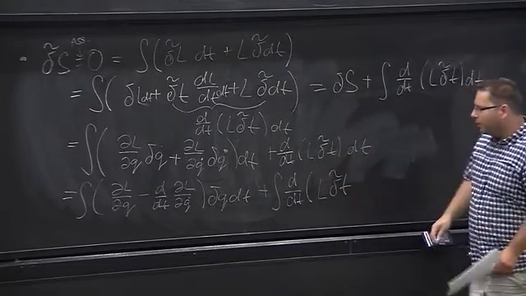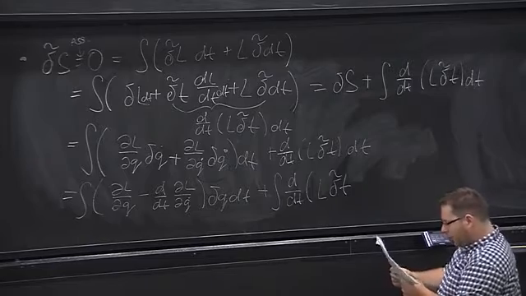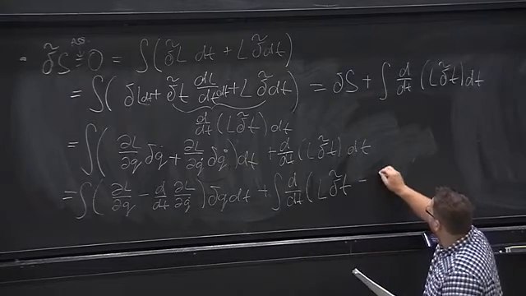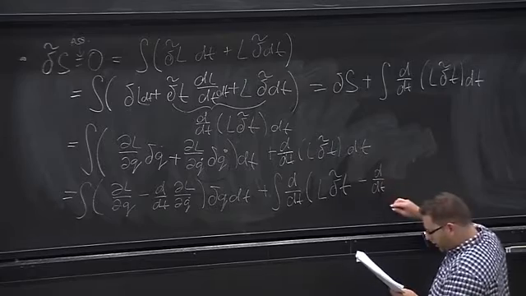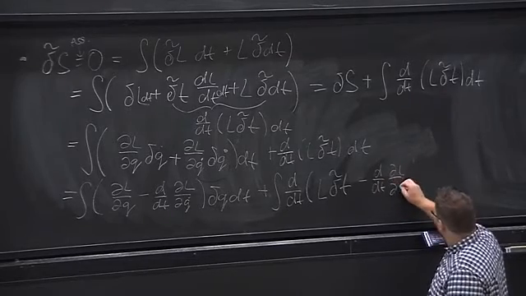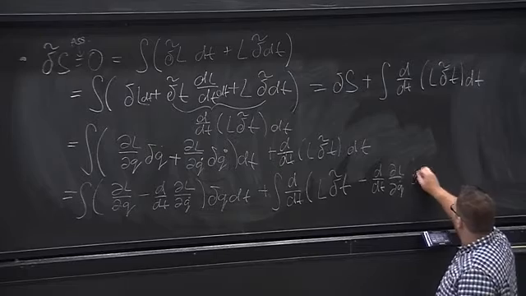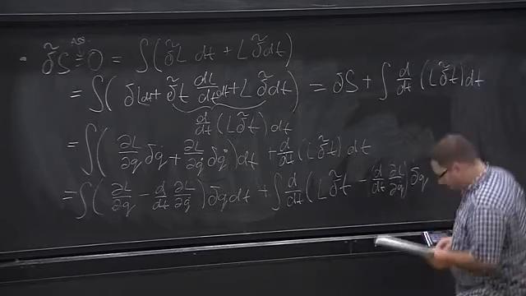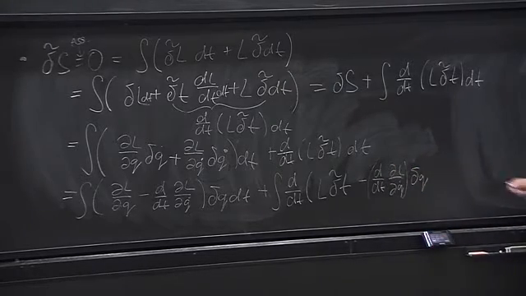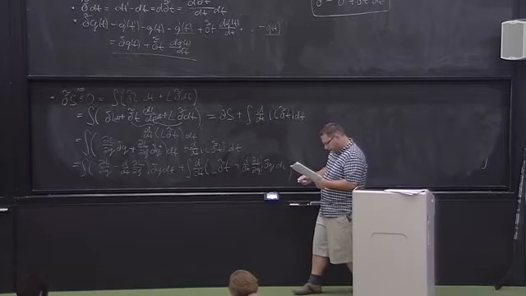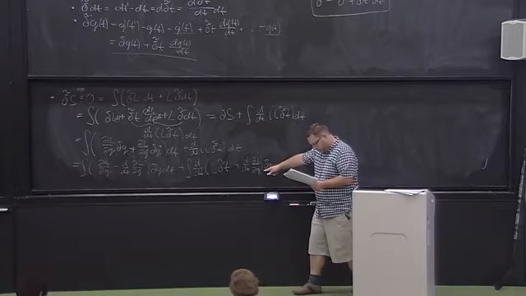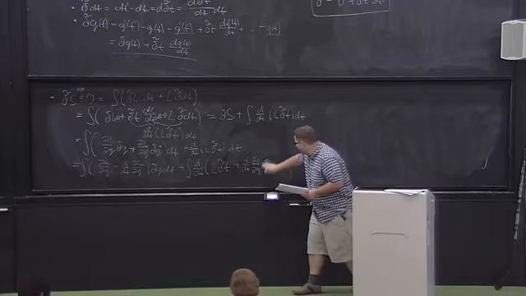And then from integrating by parts, I have also the term minus d over dt of dL over dq dot delta q. Plus. Is it plus? And is it correct? dL over dq dot, like that.